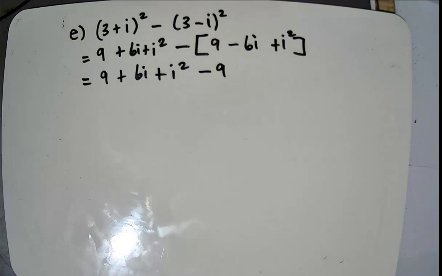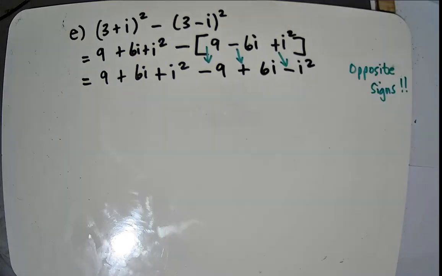A negative times a negative will give us a positive 6i. A negative times a positive will give me a negative i squared. Notice that there are opposite signs. When there's a negative on the outside of the bracket, that positive became a negative, that negative became a positive, that positive became a negative.